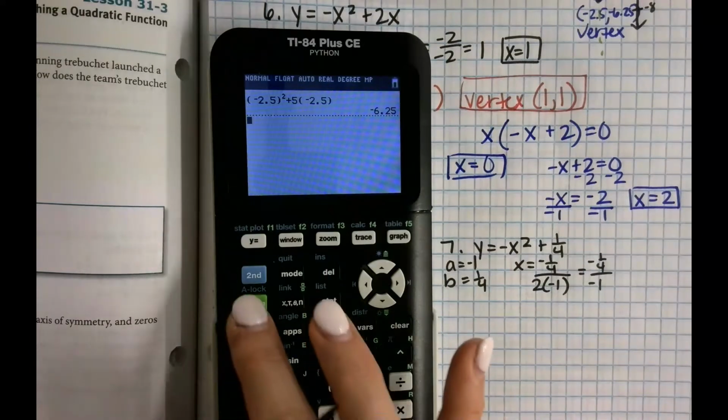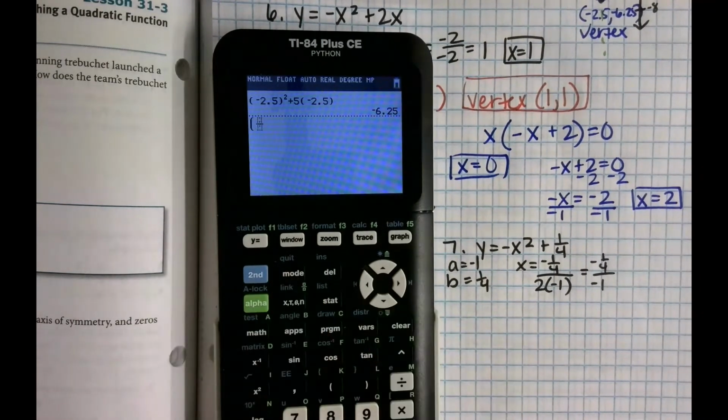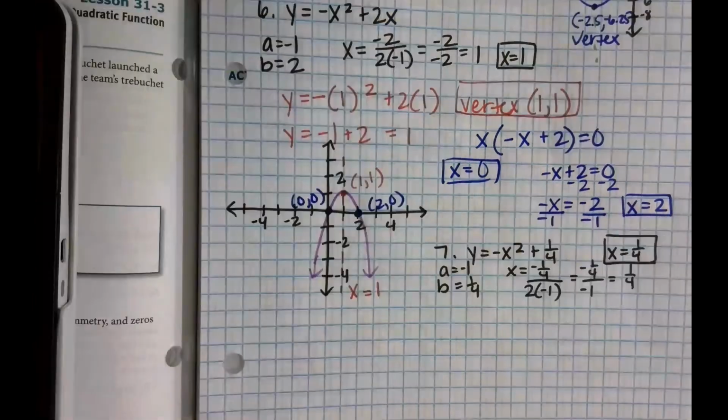So I'm going to do parentheses, fraction mode, -1 over 4, and then divide 1/4.